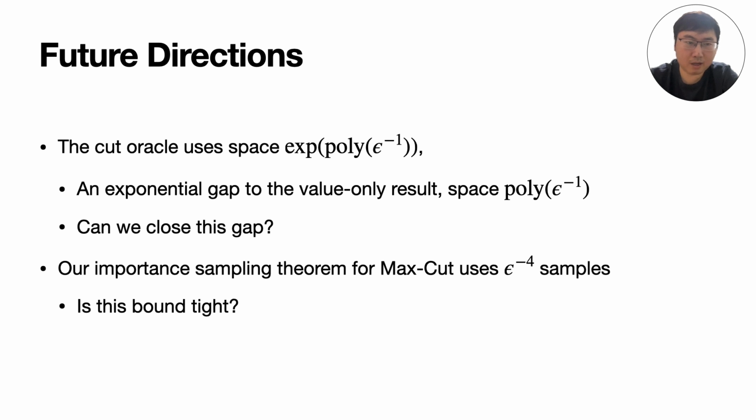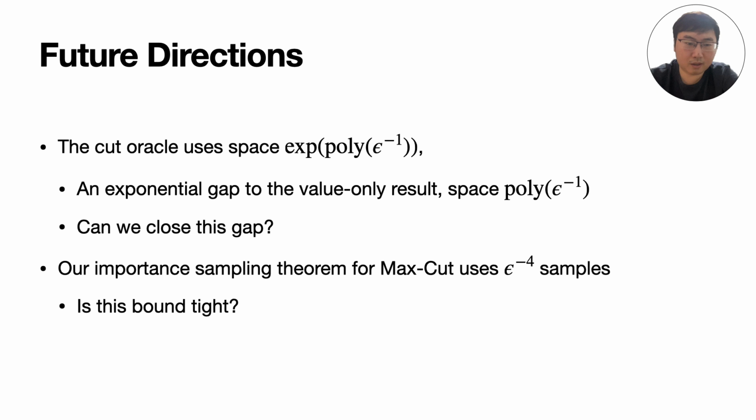The current result for the cut oracle uses dimension reduction, and it only achieves space exponential in poly 1 over epsilon. So the open question here is, can we close this gap and improve it to match the value-only result, which only uses space poly 1 over epsilon?